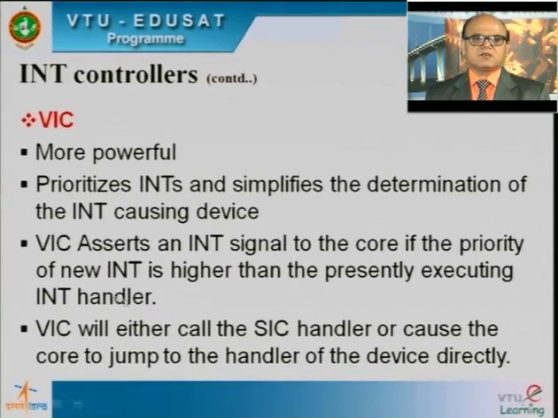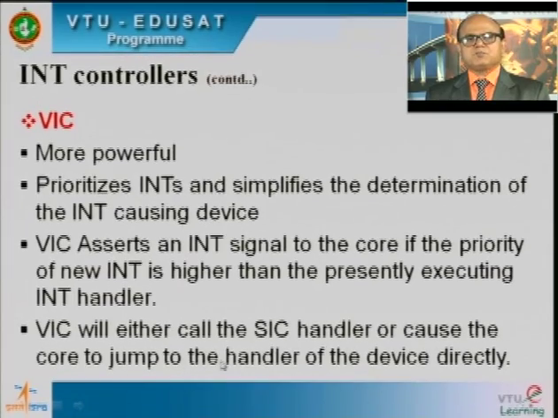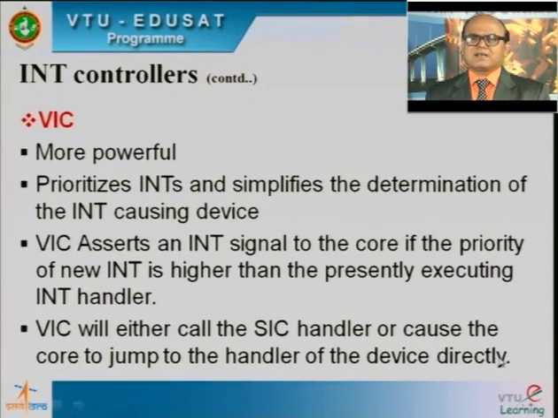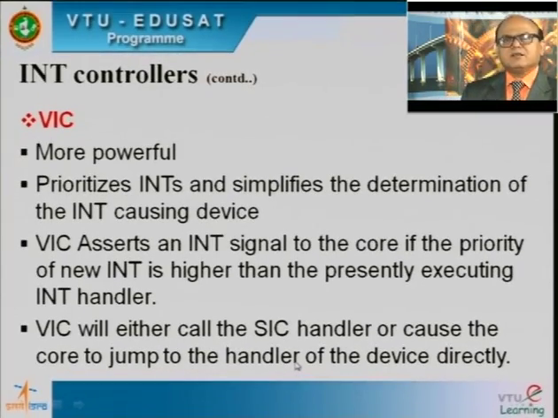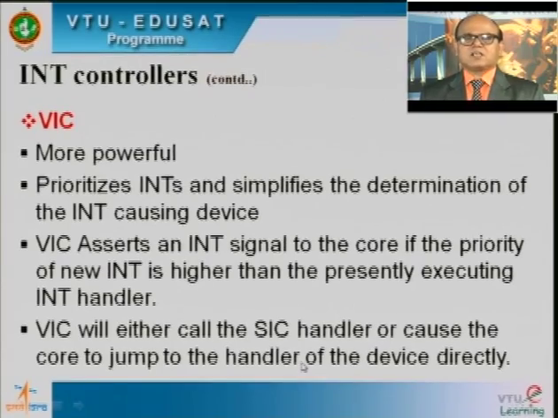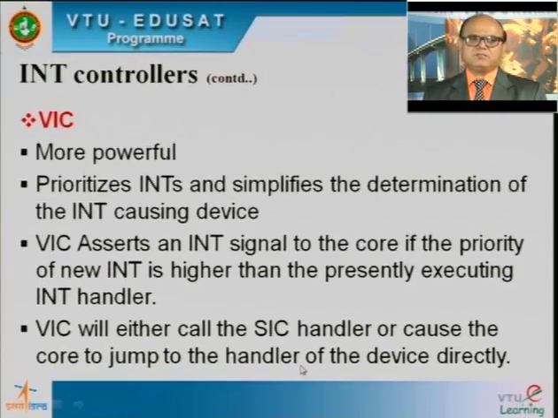The vectored interrupt controller will either call the SIC handler, in which case naturally it gives the handler address, or the VIC itself will sometimes give directly the address of the handler routine, to which the core can directly jump and start executing the handler. So that is possible.